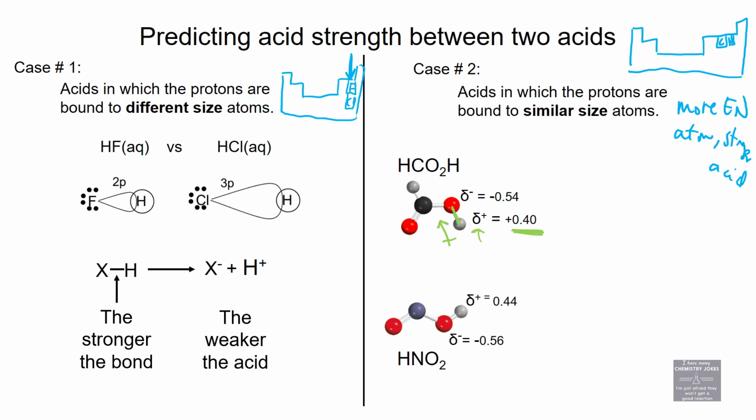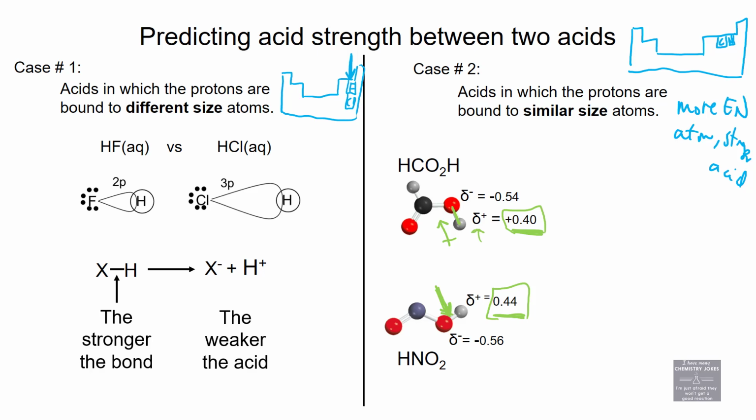If I compare the same sorts of things here, positive 0.44 versus positive 0.40, the larger the partial positive is, the weaker the bond is that's holding on to that hydrogen. Did you catch me? The larger that partial positive is, the weaker the bond holding that hydrogen.